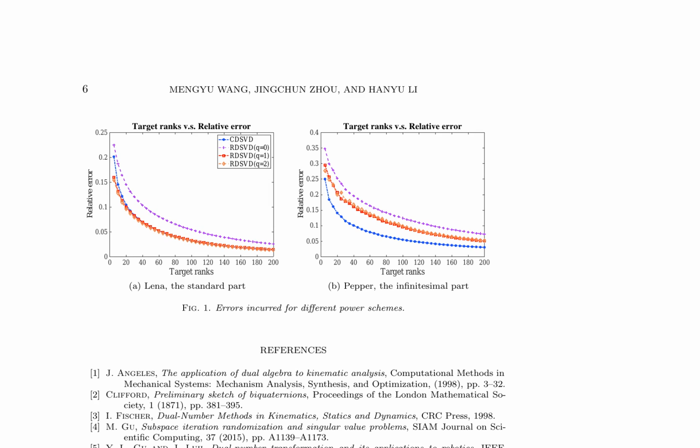The figures depict the relationship between target ranks and relative errors, demonstrating that the RDS-VD method with varying power schemes can significantly reduce the error compared to the CDS-VD method. This suggests that the choice of power scheme is crucial for achieving optimal low-rank approximations in dual-numbered matrices.